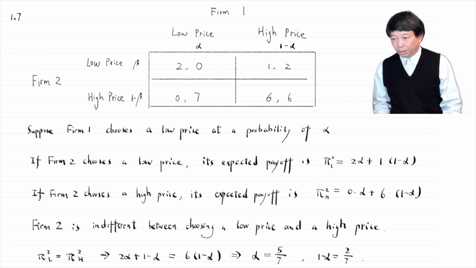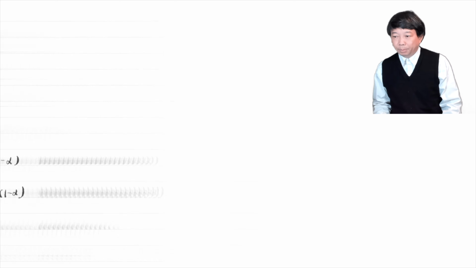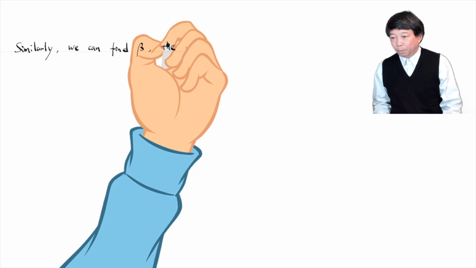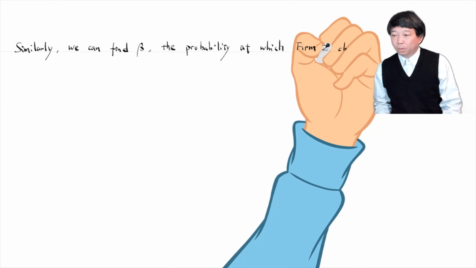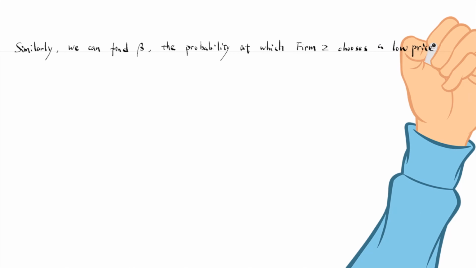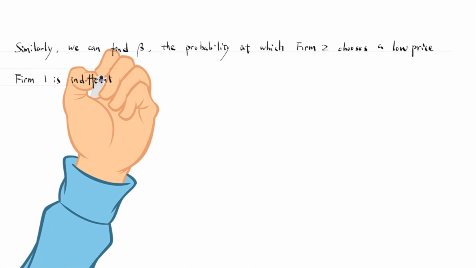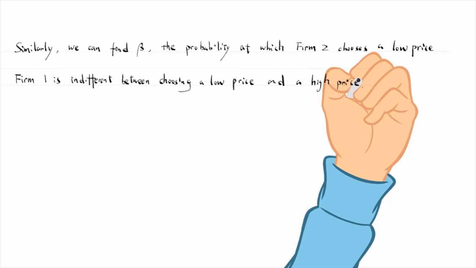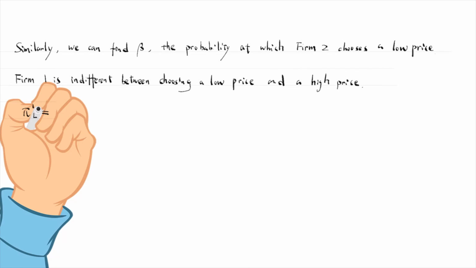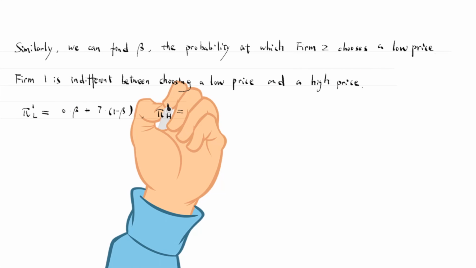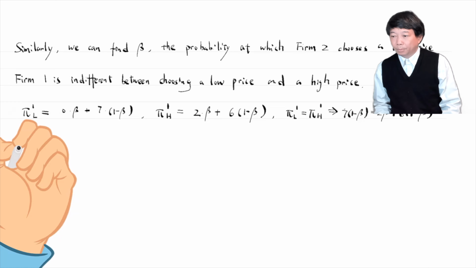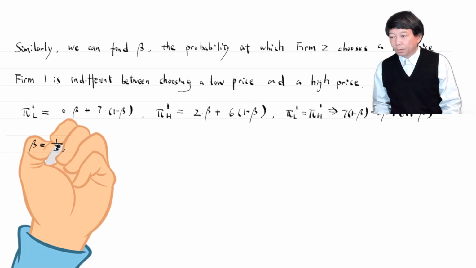The same reasoning applies to the other player, and we can find beta, the probability at which firm 2 chooses a low price. It is 1/3.